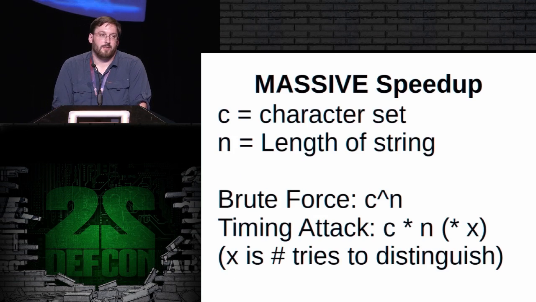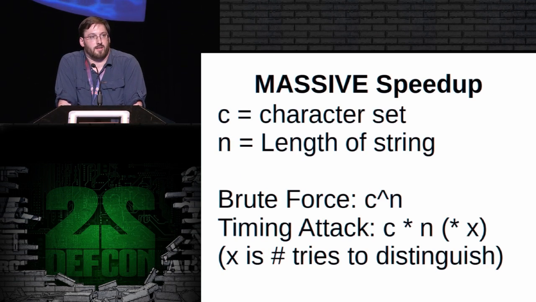What this means is that when you're trying to brute force a credential, if you can do a string comparison timing attack on it, the time it takes to run the operation goes from an exponential function to a constant function of the number of items in the string.